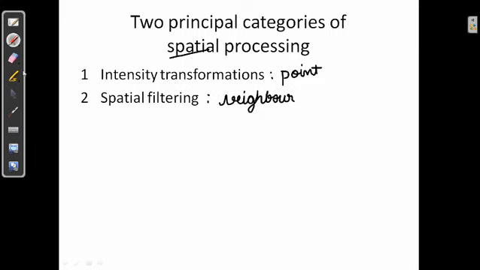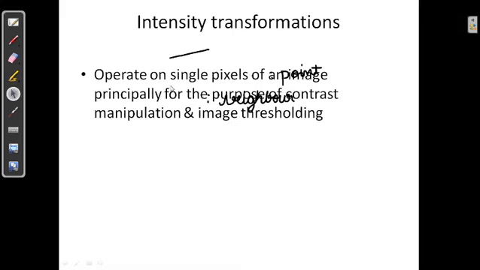This is what the definition tells you. Intensity transformation means we will be operating on single pixels of an image, principally for the purpose of contrast manipulation and image thresholding.